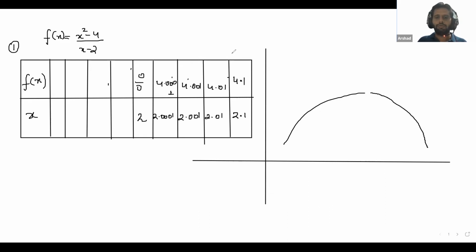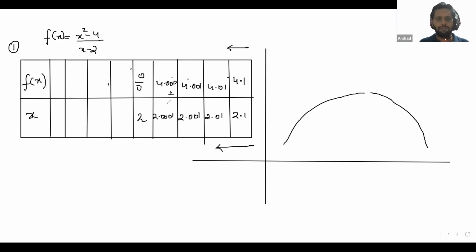So what we are doing from the right side, we are approaching this value to 2. And we can say that this function f(x) is approaching 4. Please check here. The more closely you move to 2, the more closely this function moves to 4.